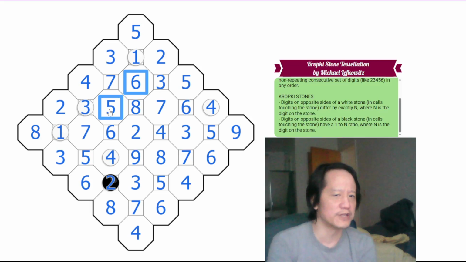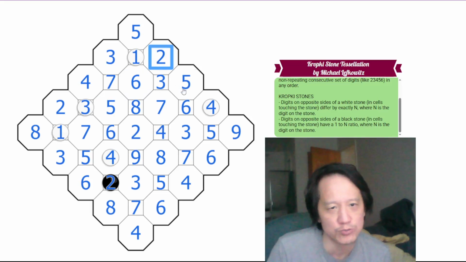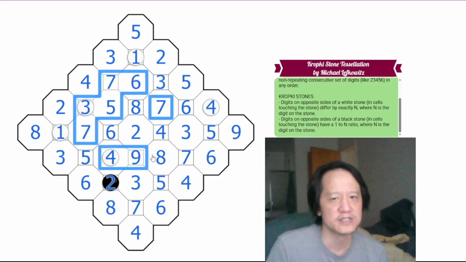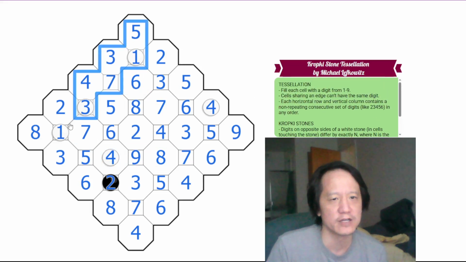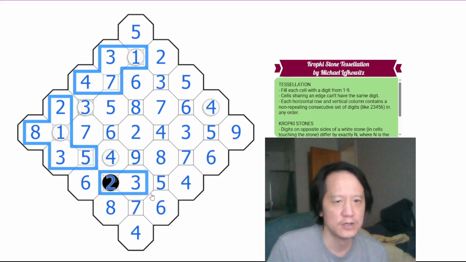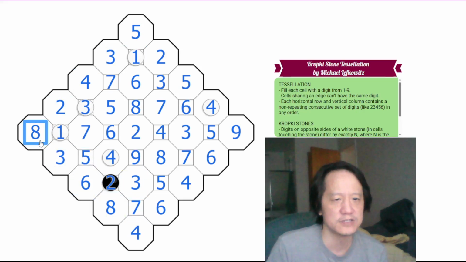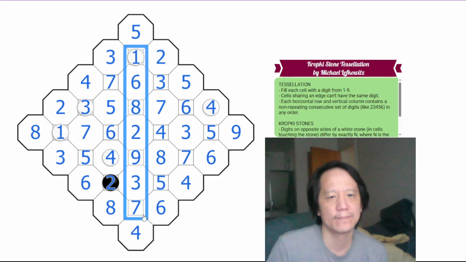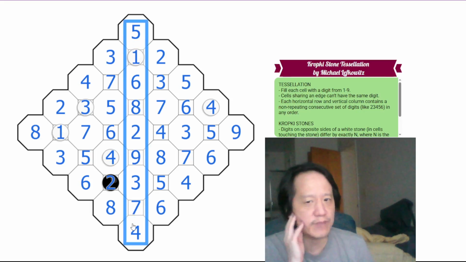It still is pretty limiting, but you need that restriction here because the tessellation is going to make things a lot more difficult because we are not guaranteed the digits 1 through 9, right? So that was actually pretty interesting use of the major restrictions you have with Kropki stones.